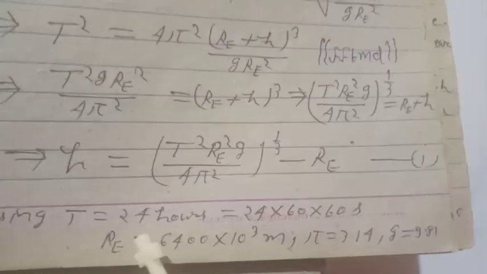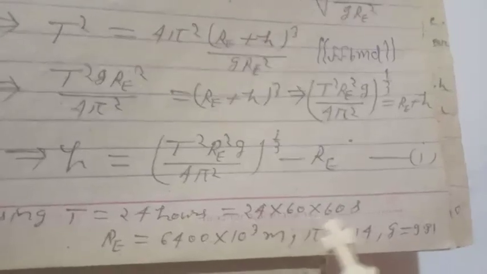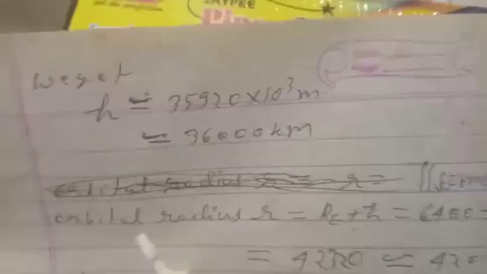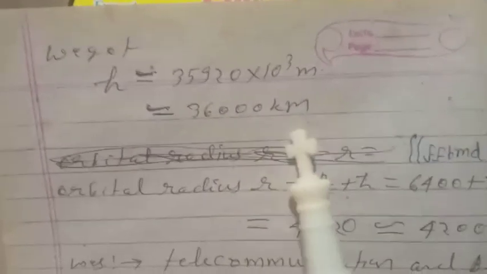Using T equal to 24 hours, that is 24 into 60 into 60 seconds, RE equal to 6400 into 10 to the power 3 meter, pi equals 3.14 and g equal to 9.81, we get h equals 35,920 into 10 to the power 3 meter, about 36,000 kilometer.